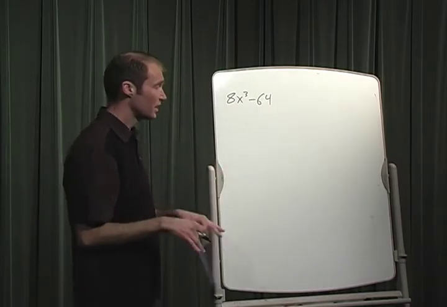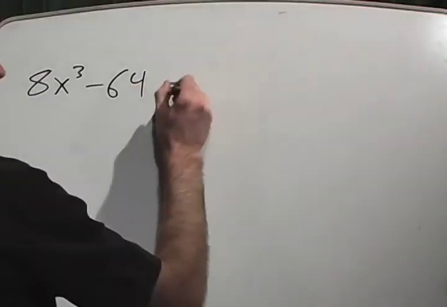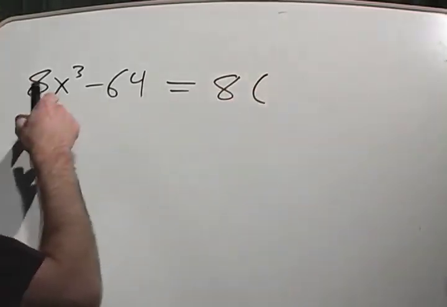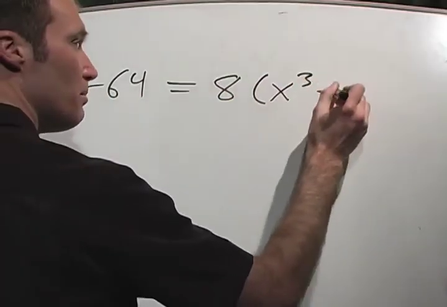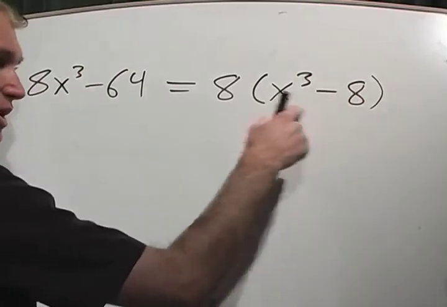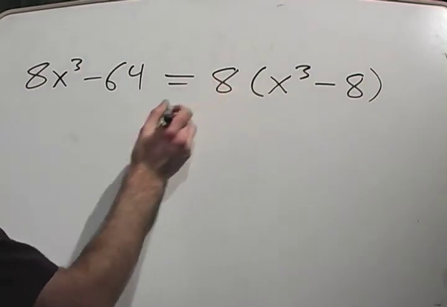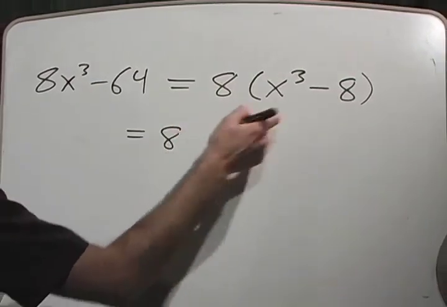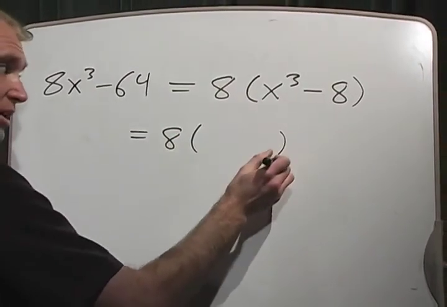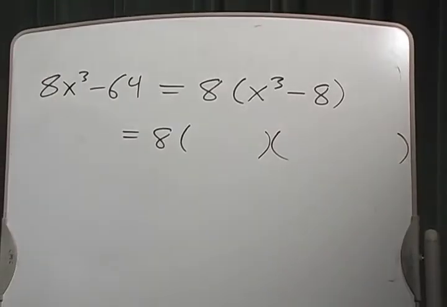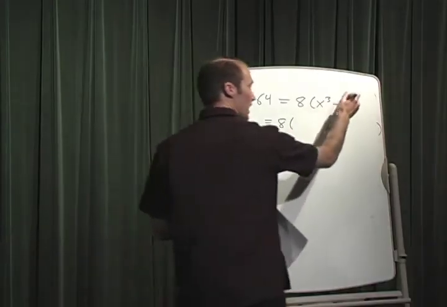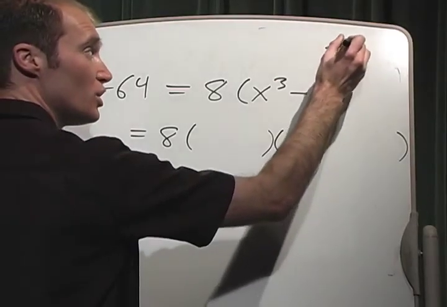So the first thing that I want to do is actually factor out an 8, and then I'm left with x cubed minus 8. This also is a difference of 2 cubes. Well, I'm just going to keep the 8 along for the ride, and then this breaks down into a binomial times a trinomial. And here, 8 is nothing more than just 2 cubed.